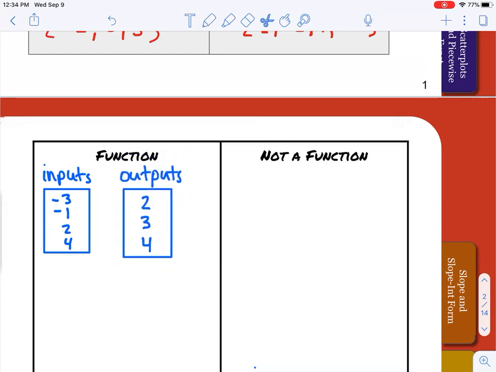Once again, we need to map these. So -3 maps to 2, -1 and 2 map to 3, and 4 maps to 4.